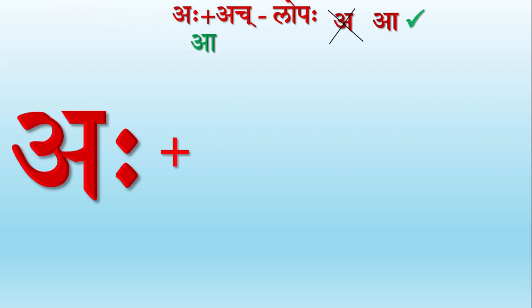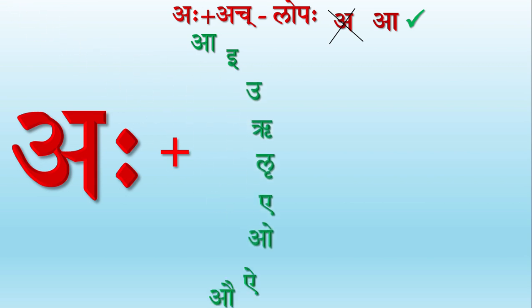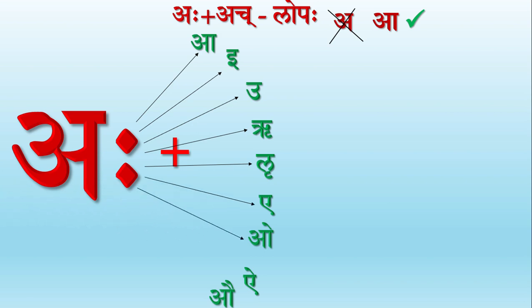Aha, when followed by any of these letters a, i, u, ru, ru, e, o, ai or au, what do you think happens? Let's see this. It's very simple. Only the visarga disappears from its position. Look at the example which we have here.